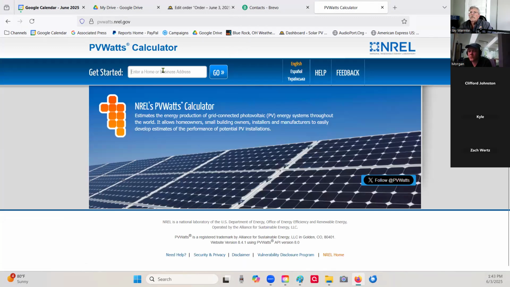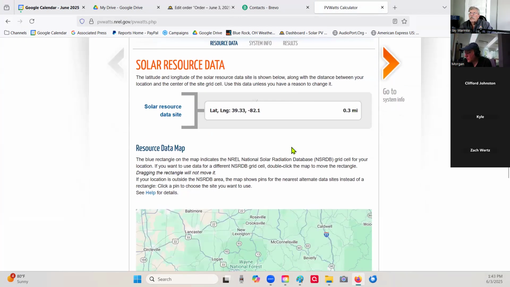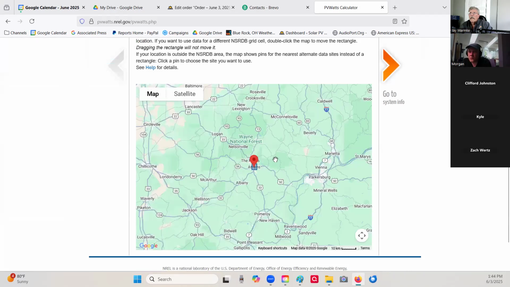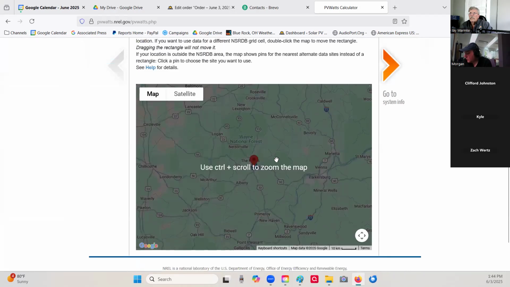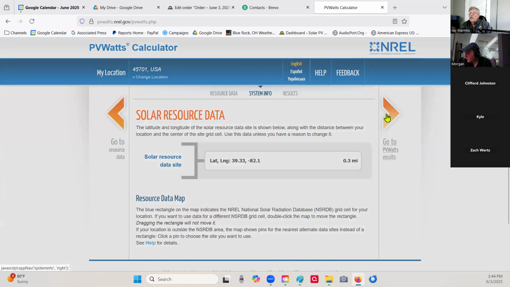Okay. So you would just take your address, or you can put in a zip code. So if we say Athens, Ohio, which is 45701, you can give it a specific address, and now it's going to ask, is that the right place? They allow you to zoom in here, and you can see that that's the right location.